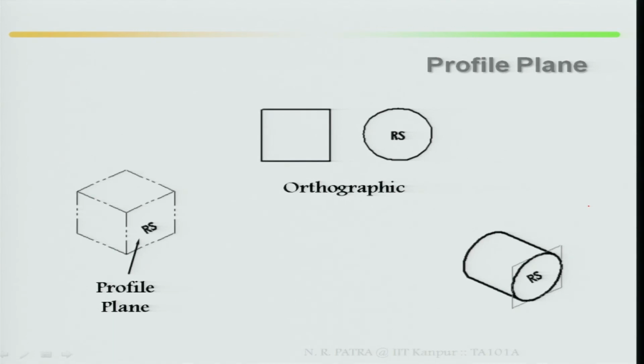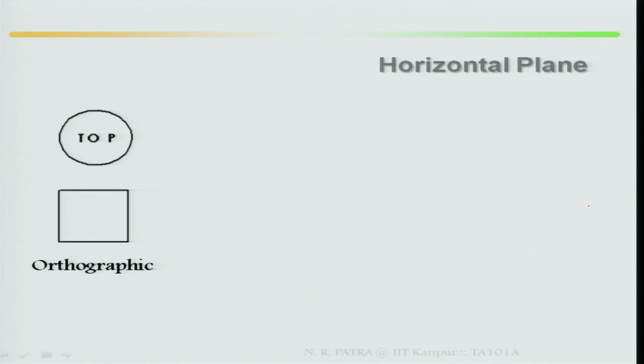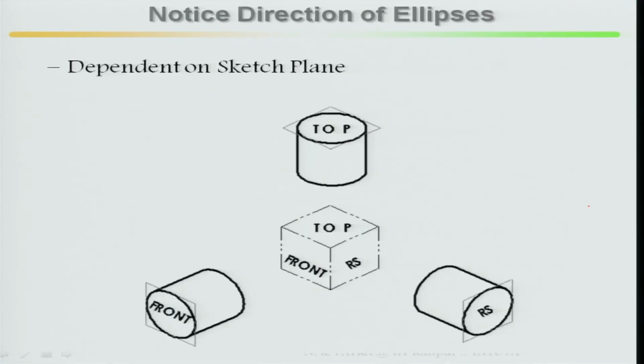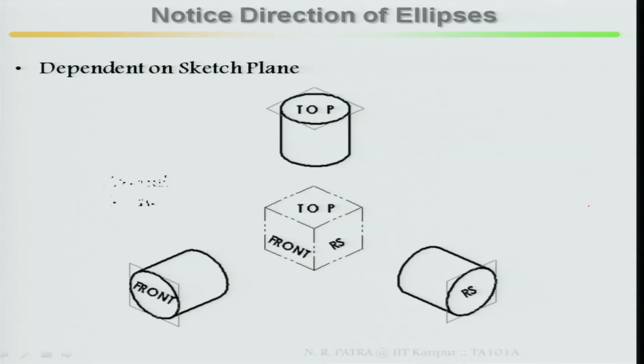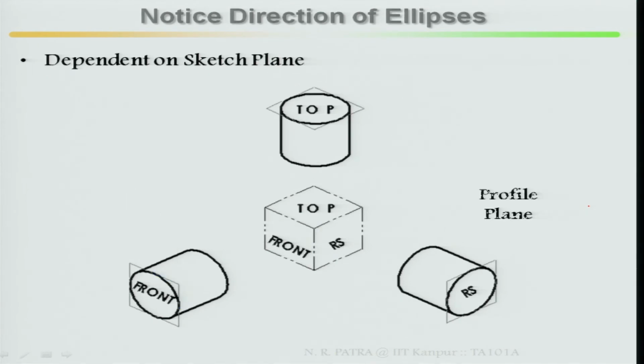So in the profile plane, how are you going to draw your ellipse? Similarly, the horizontal plane or top view, how are you going to do it? So depending on the sketch plane, this is your top horizontal plane, this is your frontal plane, this is your profile plane.